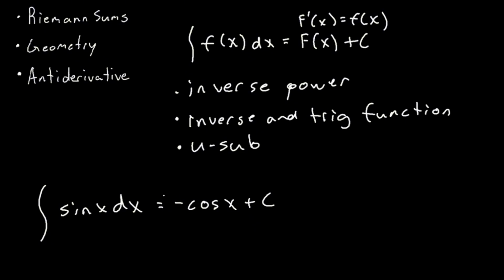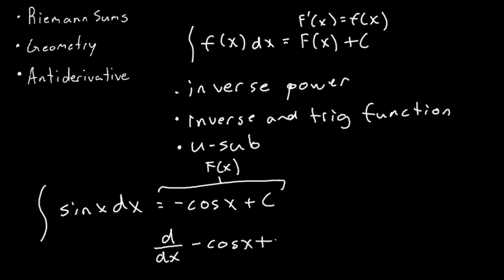But in essence, this function right here, capital F, is your integral, or your indefinite integral function. And if you were to take the derivative of capital F, negative cosine of x, plus c, well, the derivative of some constant just cancels out, so we don't worry about this.